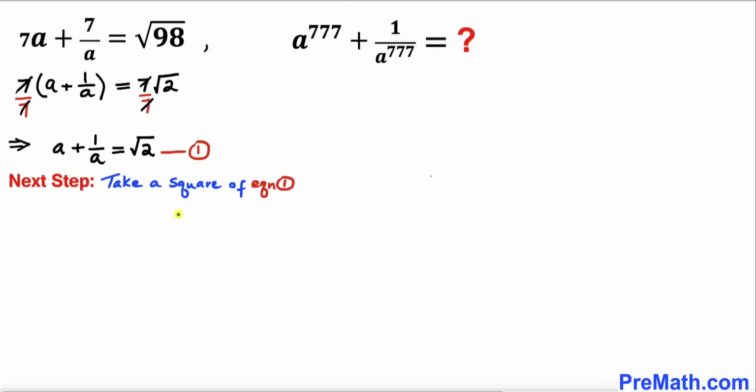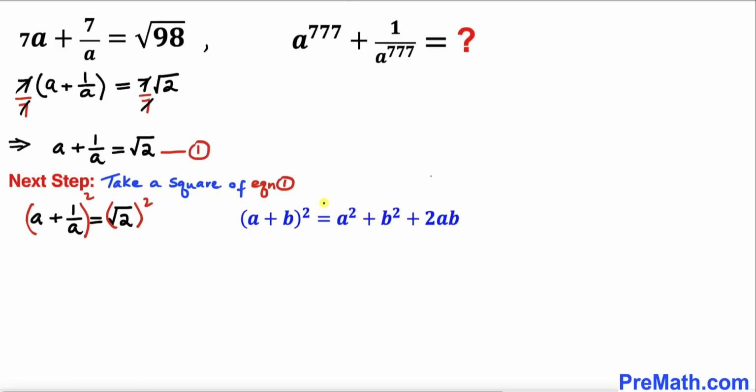Here's our next step. Let's take the square of equation 1, squaring both sides. Let's recall the famous identity, a plus b whole square, and apply it on the left hand side.